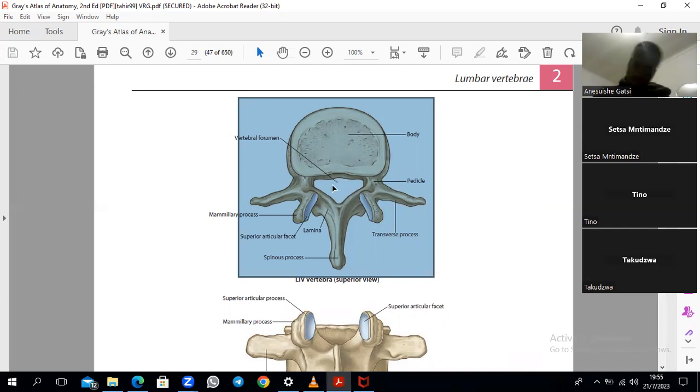Spina bifida can be caused by failure of this vertebral arch to fuse during development of the somites. I don't know if you have done embryology of the vertebra.